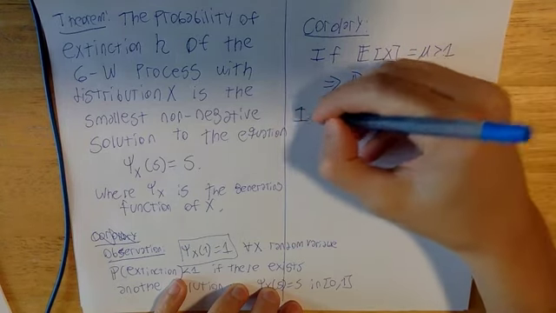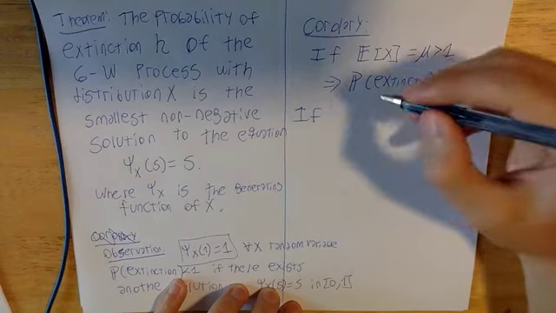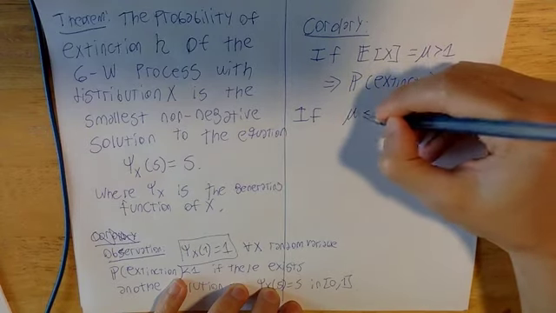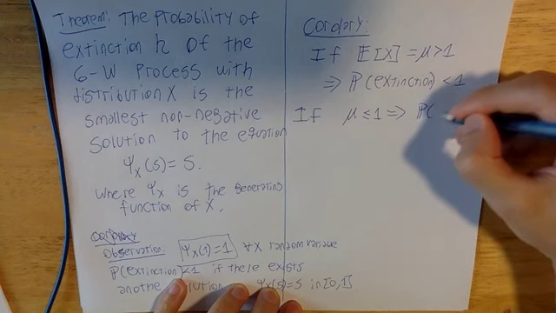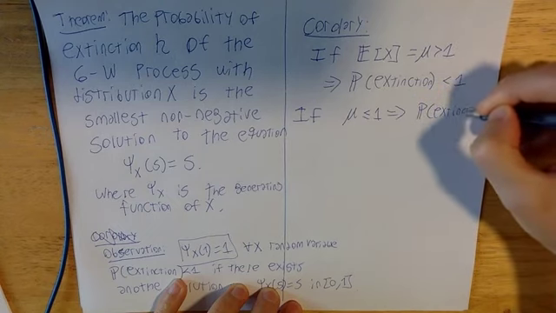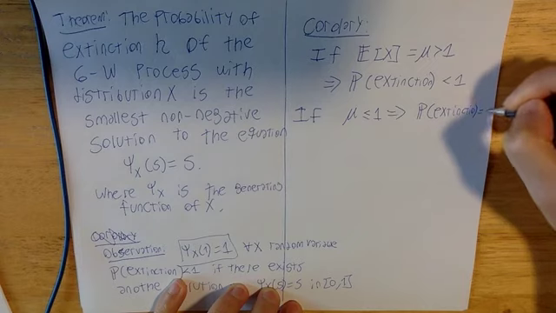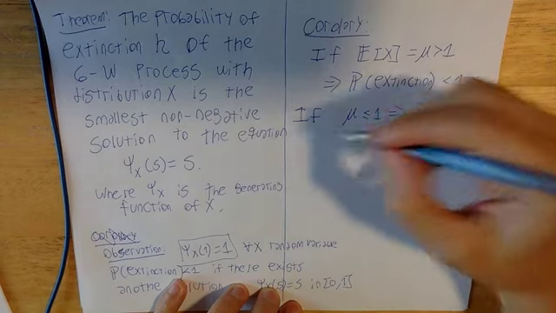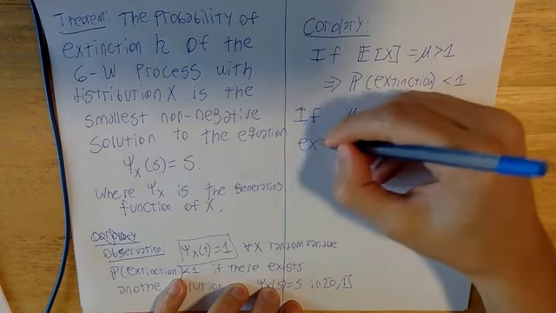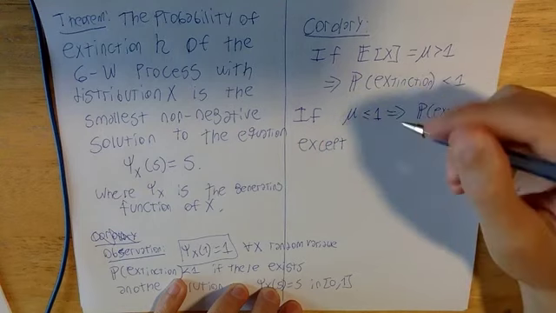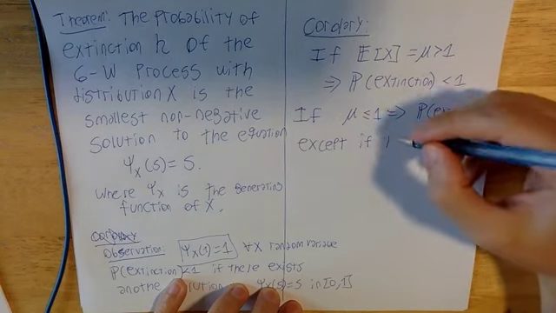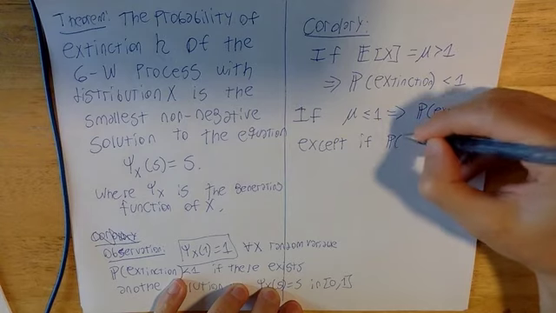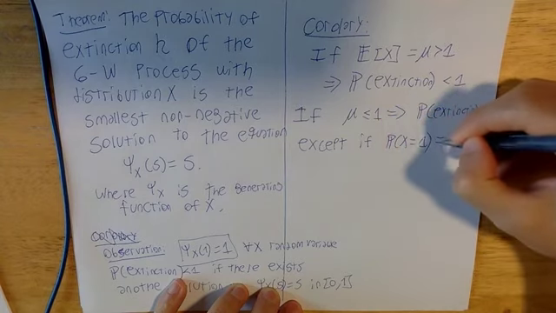And if mu is less or equal than 1, then the probability of extinction is equal to 1, except if the probability that x is equal to 1 is equal to 1.